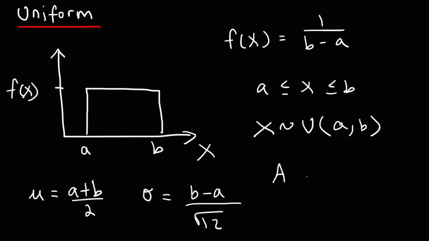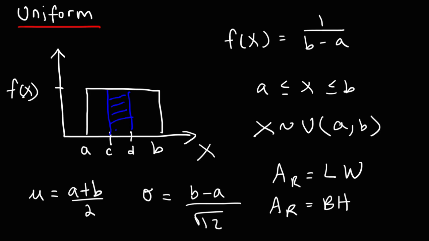So the area is a rectangle. The area of the rectangle is equal to the length times the width, or you could say the base times the height. So let's say you want to calculate the probability that x is between c and d. The base of that rectangle is the difference between d and c.